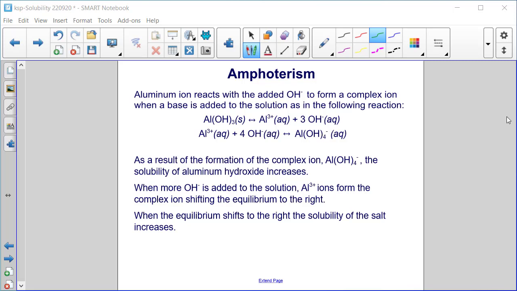As a result of the formation of the complex ion, Al(OH)4 minus, the solubility of aluminum hydroxide increases. When more hydroxide is added to the solution, making it more basic, aluminum ions form the complex ion, shifting the equilibrium to the right. When the equilibrium shifts to the right, solubility of the salt increases.